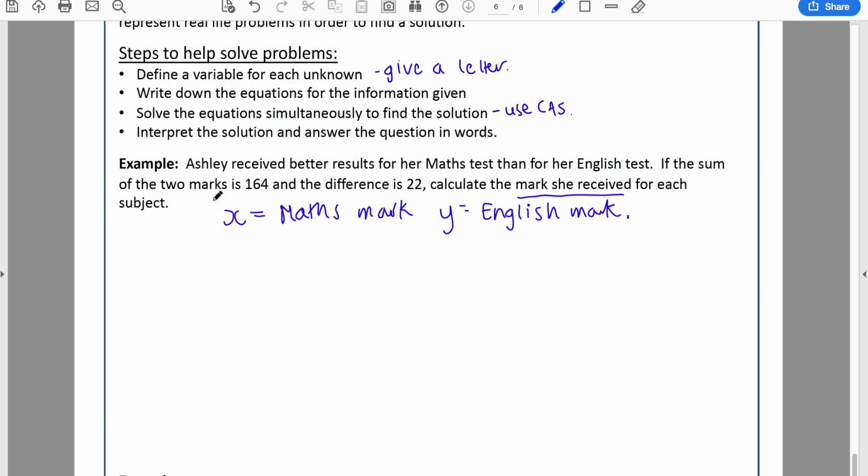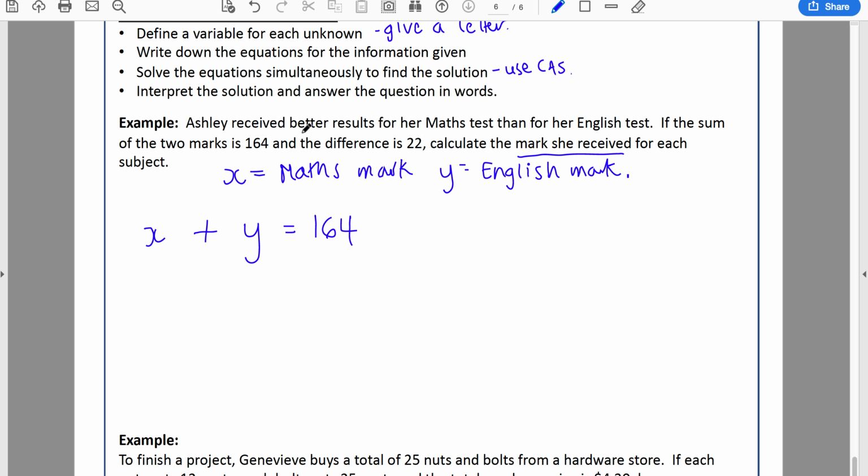Okay, let's get some equations. If the sum of the 2 marks is 164, sum meaning addition, so if she adds her 2 marks together, she'll get 164. So that's one equation already. We just need one more, and that's here. The difference is 22.